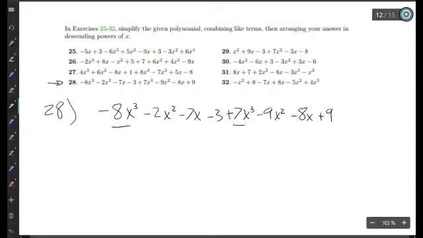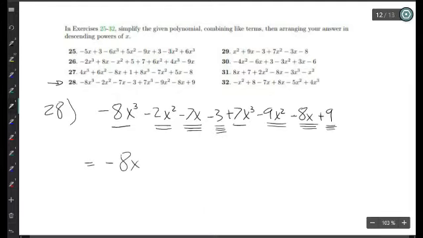So we underline like terms and group them together.